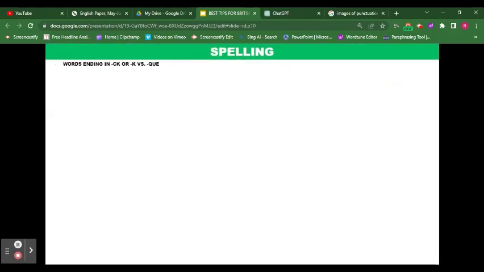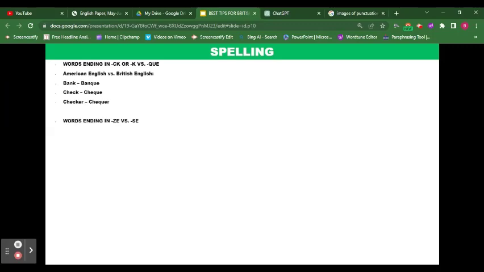Moving further, we look at words ending in CK or K versus QUE. Again, you have American English ending in CK or K and British English ending in QUE, as you have in bank, check, checker.